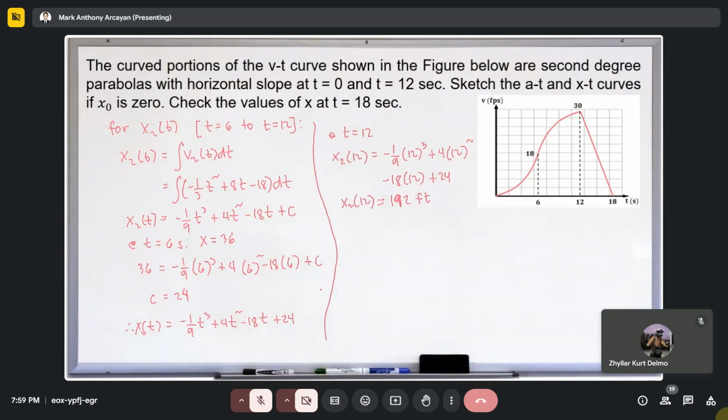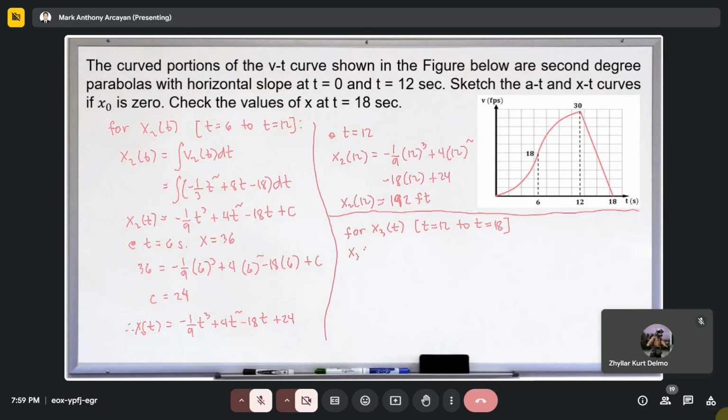And finally, we'll proceed to the third and last displacement function. For x sub 3 of t, the interval is t equals 12 to t equals 18 seconds.